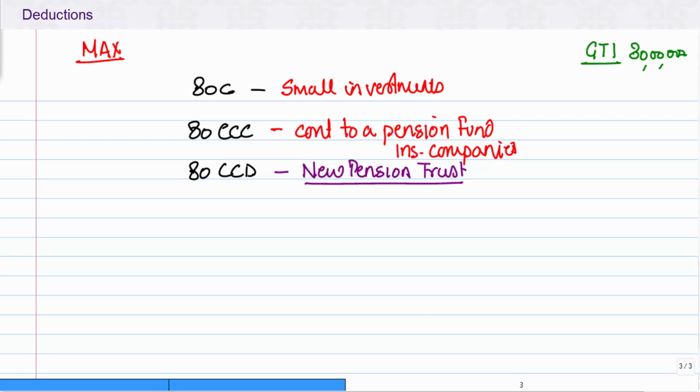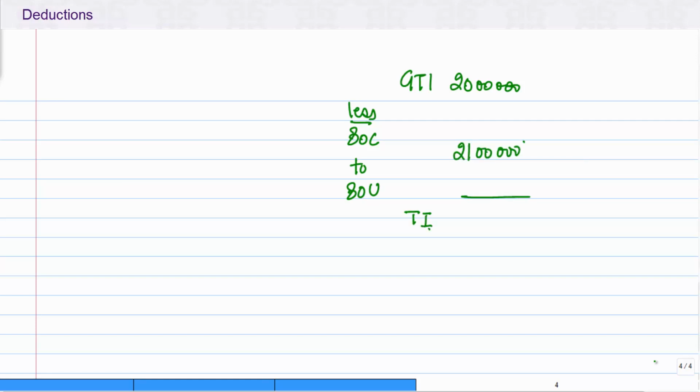The second important point that we need to remember is that deductions of 80C to 80U cannot exceed GTI. So if GTI is 20 lakhs, the deductions of 80C to 80U cannot be more than GTI. You can't have a negative total income. So if your deductions are amounting to 21 lakhs, they will be restricted to 20 lakhs and your total income will be nil. So 80A of the Income Tax Act restricts the deductions to the amount of GTI.